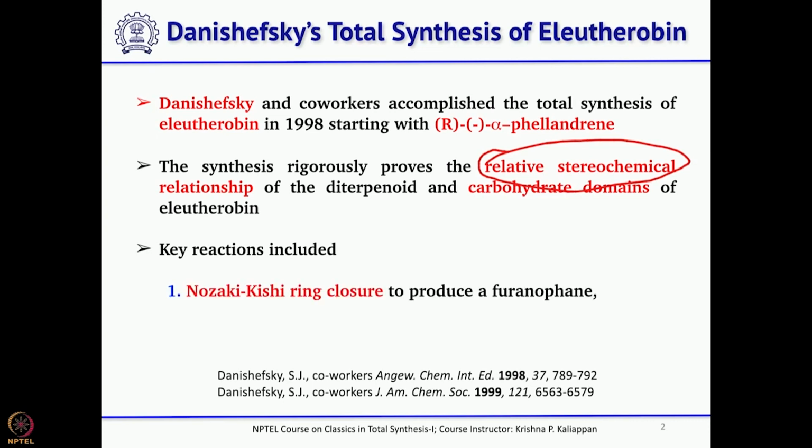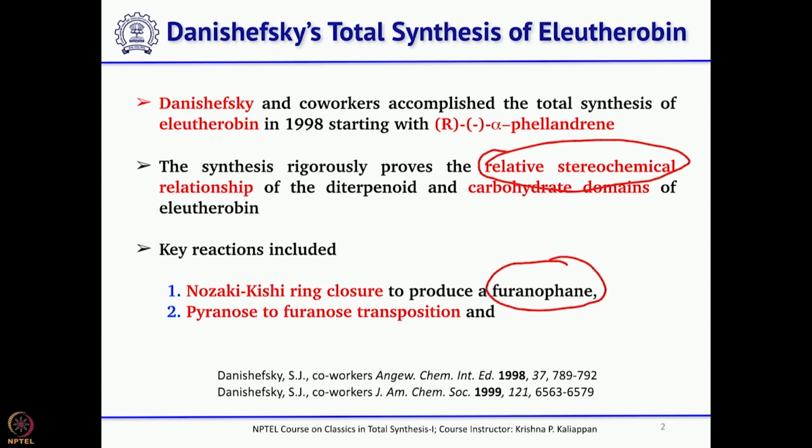One is the Nozaki-Hiyama-Kishi ring closure reaction to form the 10-membered ring, and the second key reaction, which is also a very interesting rearrangement, that is furan to pyranose and pyranose to furanose.